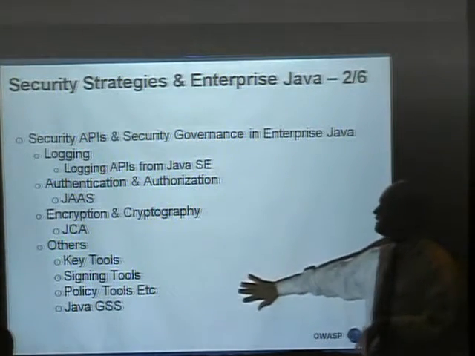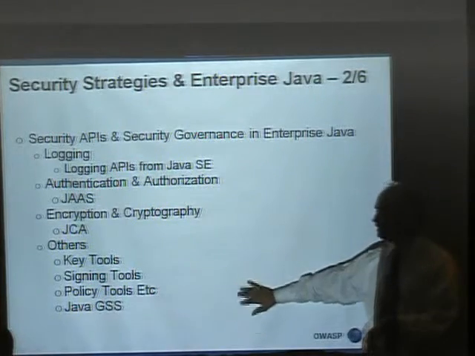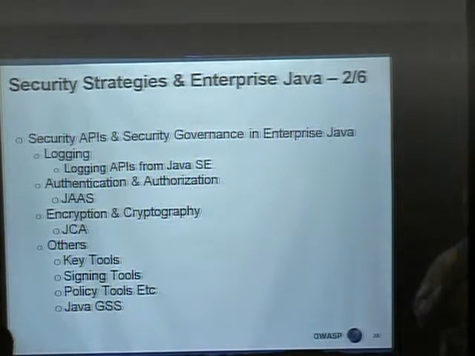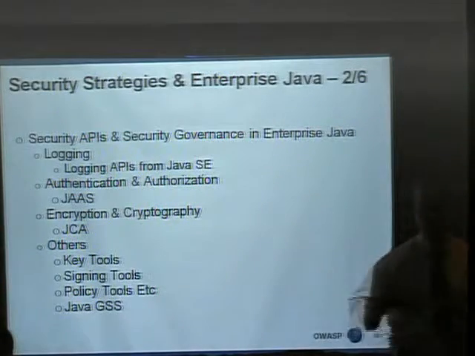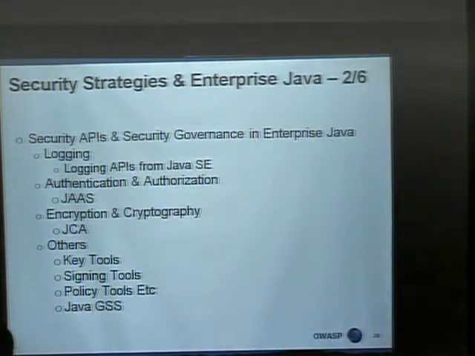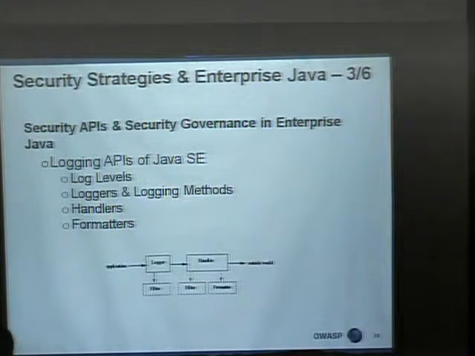Also, Java EE provides along with it a toolkit which is going to enable you to do key management or signing or enforcement of the policy and so on and so forth.